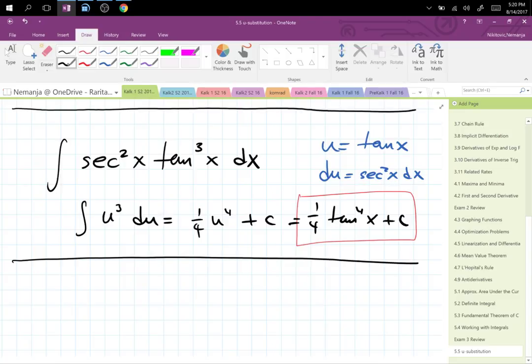So here, let's see. How about, oh, this is a really good one. 1 over 10x minus 3 dx.